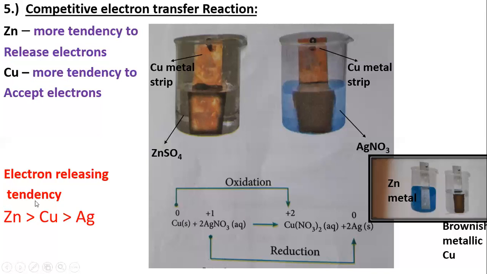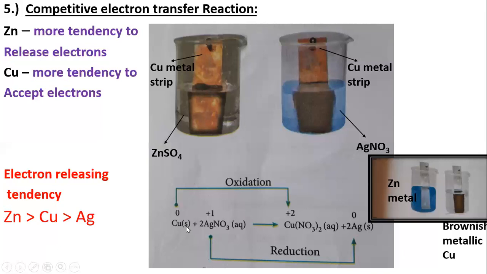In electron releasing tendency, zinc has more than copper. Silver has less electron releasing tendency when compared to zinc.